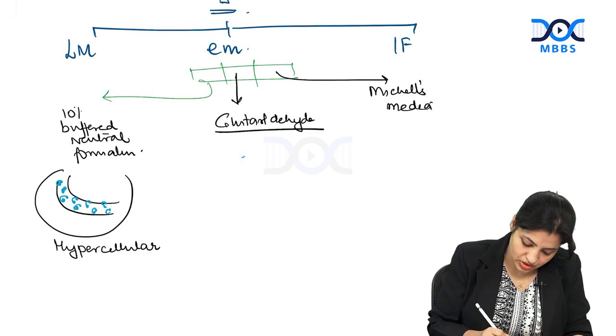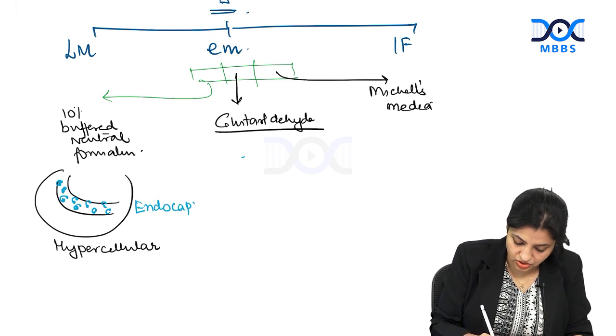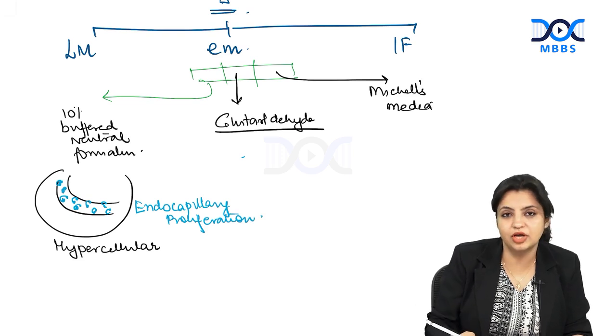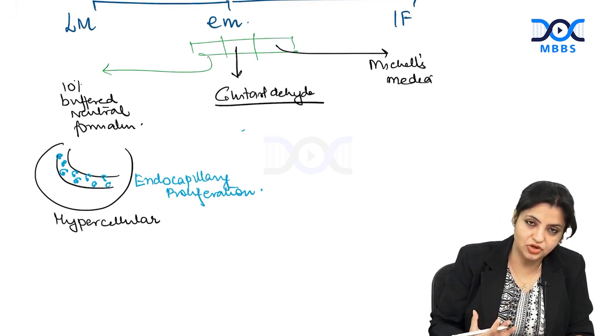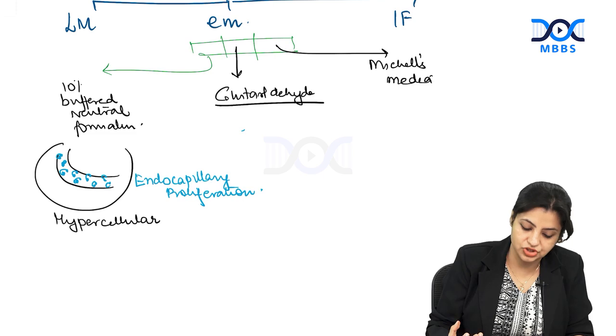So this is what is called endocapillary proliferation. There is a lot of endocapillary proliferation going on. So, a hypercellular glomerulus with a lot of endocapillary proliferation going on.